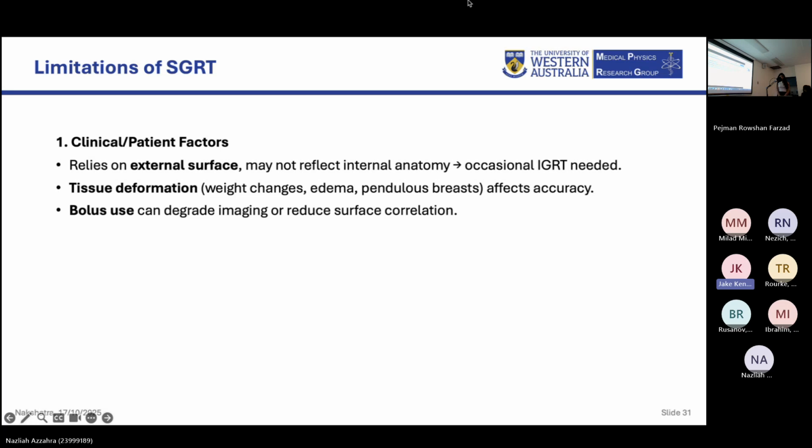Changes like weight loss, edema, and breast shape can affect the accuracy of the surface. And in cases of pulse placement, it can interfere with the image quality because SGRT depends on reflections from the patient surface, and most conventional pulses are kind of reflective and a different color from the skin tone.